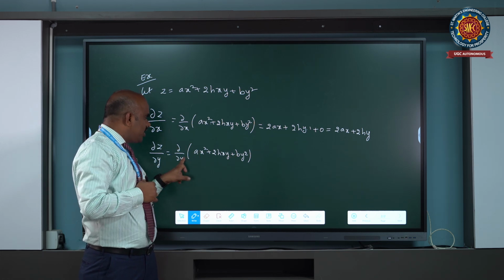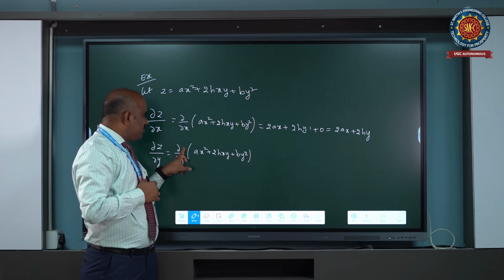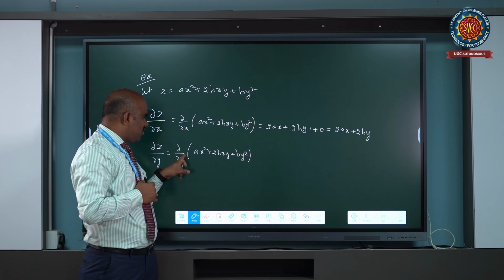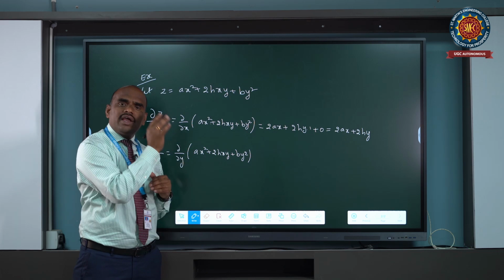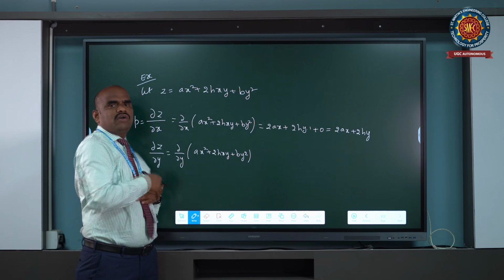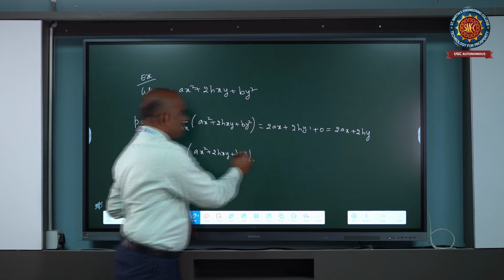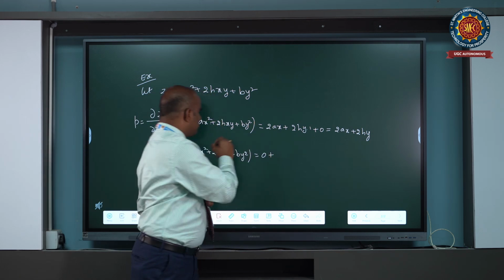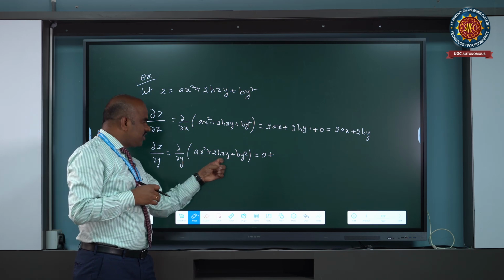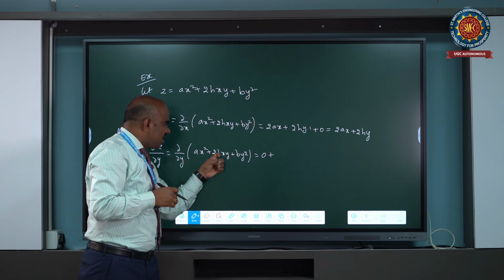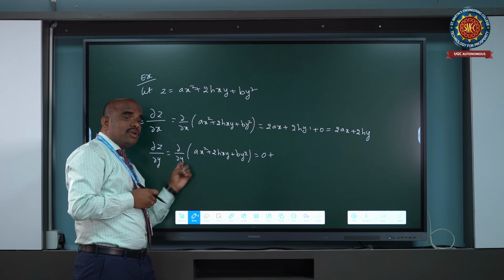So ∂/∂y of ax². Here a is constant and x is constant. So ∂/∂y of ax² will be 0, plus ∂/∂y of 2hxy. In this 2hxy with respect to y, 2h and x are constant. So ∂/∂y of y is 1.